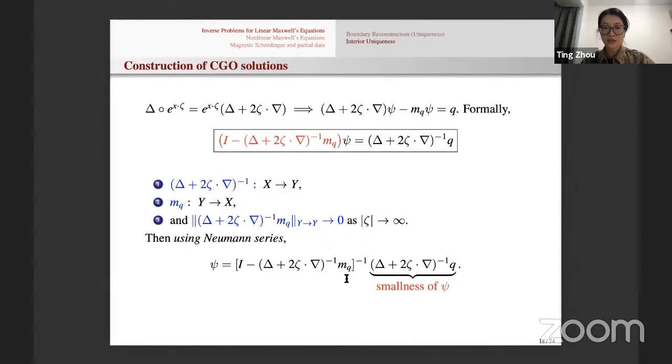In particular, we want psi being small, and this should be given by the smallness of the right-hand side of this equation, which in most analyses comes, again, from the smallness of this operator. Okay, all right, so keep this in mind.